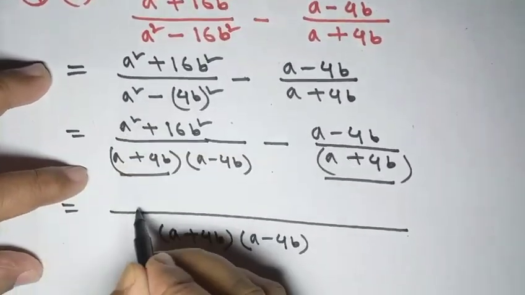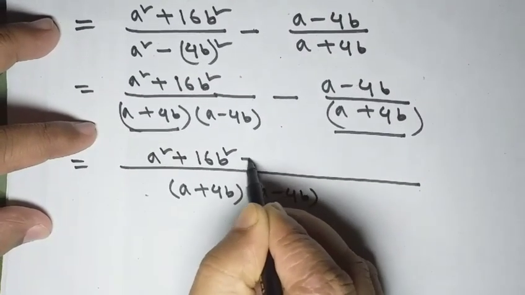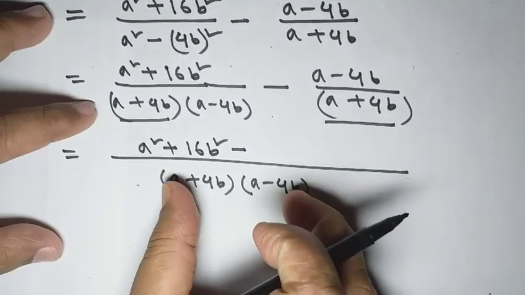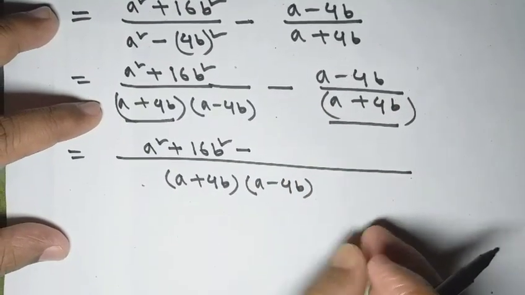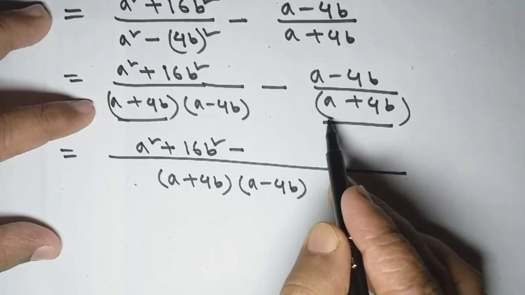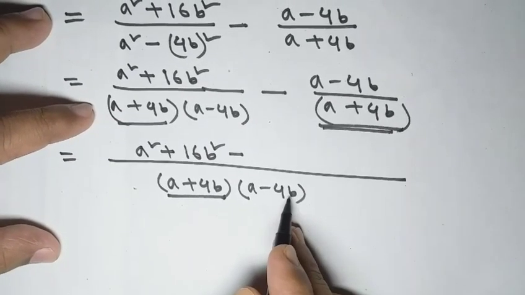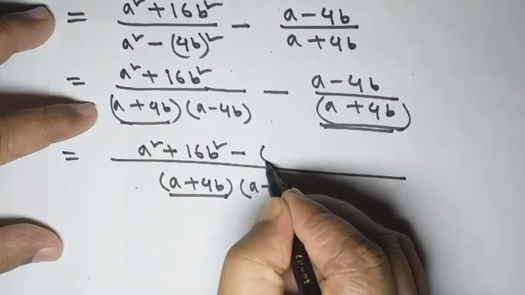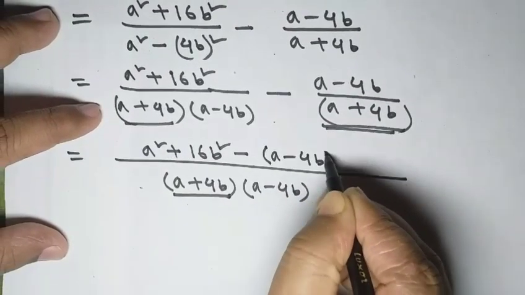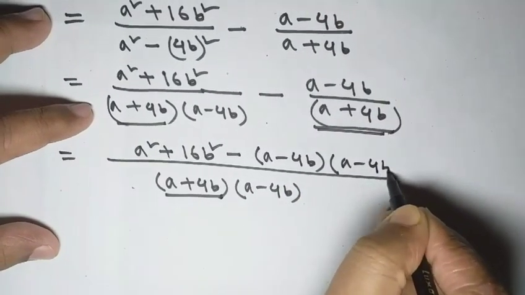Okay, so I will write a square plus 16b square minus. If we divide this 2 by this one, we'll get a minus 4b. That means if we match a plus 4b with a plus 4b, we'll get only a minus 4b, that is remaining. Okay, so first I will write this a minus 4b, a minus 4b. Now I will write here a minus 4b.